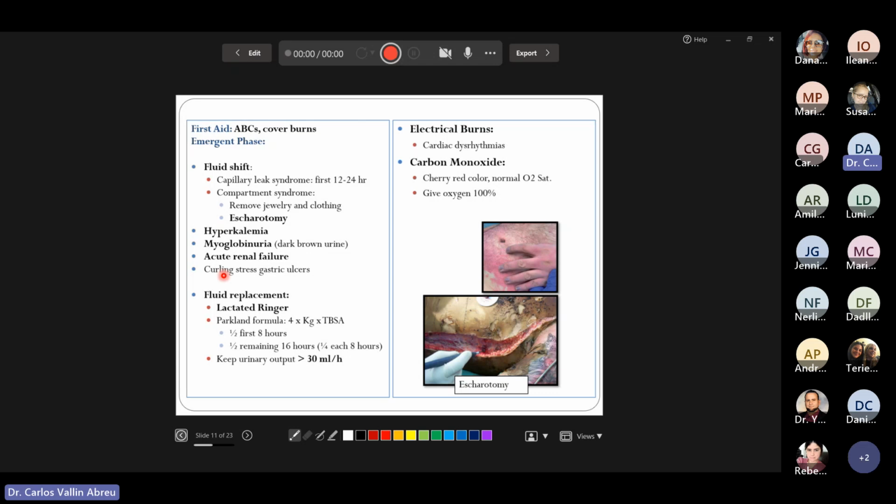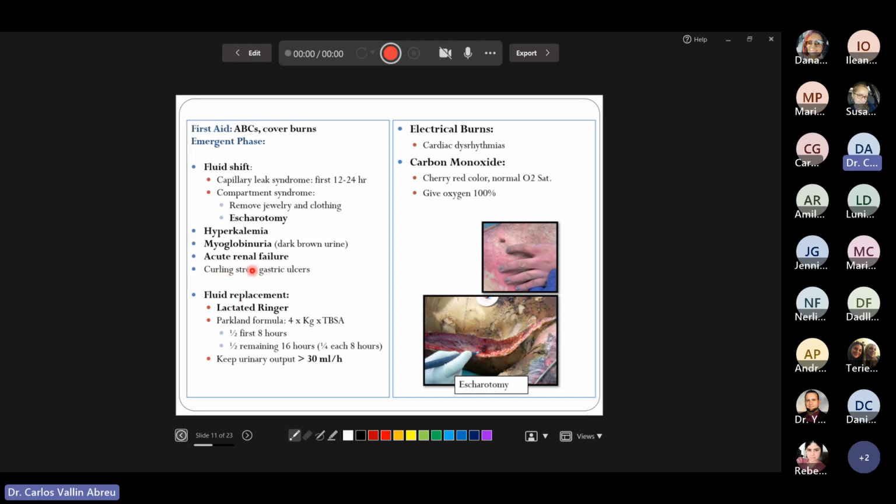All those physiological and psychological stresses predispose the client to acute gastric ulcers that tend to be multiple, deep, and very bleedy. So the clients can start vomiting blood, can have an upper GI bleeding hours after the burns.